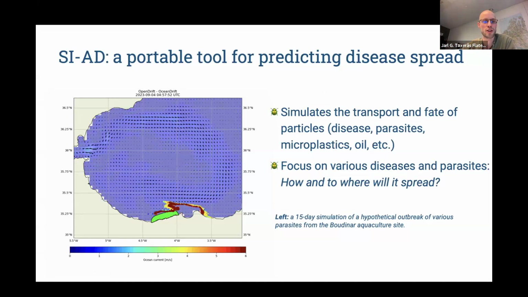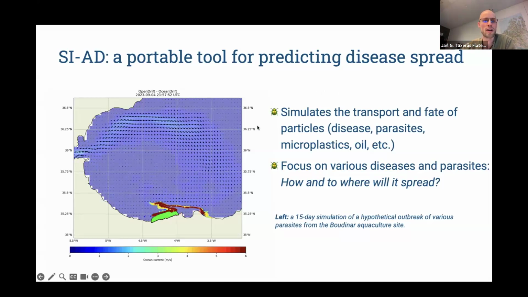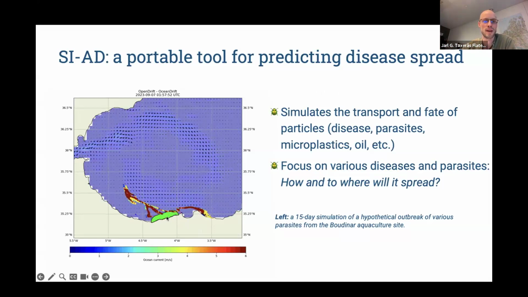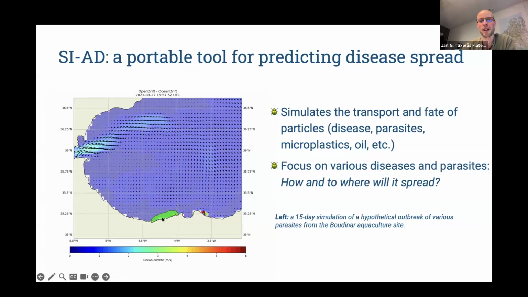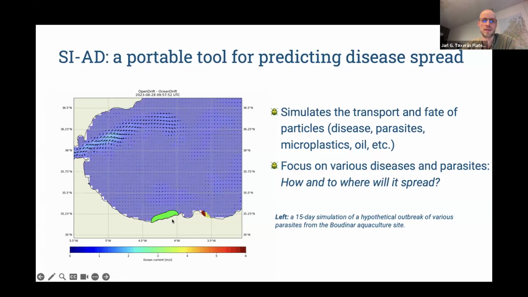Here we have a simulation out of the Burinar aquaculture site, and in green we've colored the Hoceima marine protected area. It's just a simulation demonstrating that particles from the aquaculture site will spread into the marine protected area within a couple of days. This is a 15-day simulation.